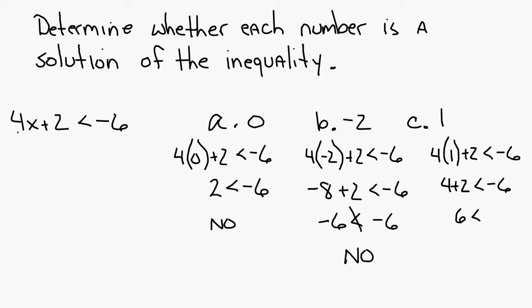Is 6 less than negative 6? That's not either, so that's a no as well. So all of those in that case would be no's. Determine whether each number is a solution of the inequality. That's a no, no, and a no.